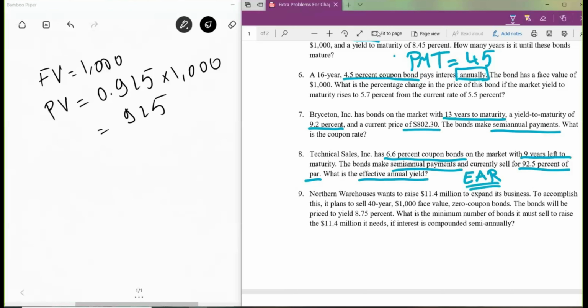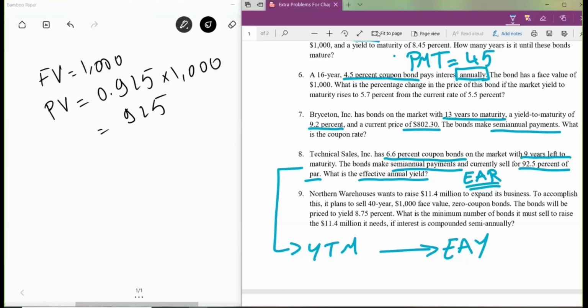So in order to find the effective annual rate, I need first to find the yield to maturity, then find the effective annual yield, which is equivalent to the effective annual rate. Now, you won't expect a similar question on the exam. I will ask you here if you have this type of questions only about the yield to maturity. You won't be asked about the effective annual yield.